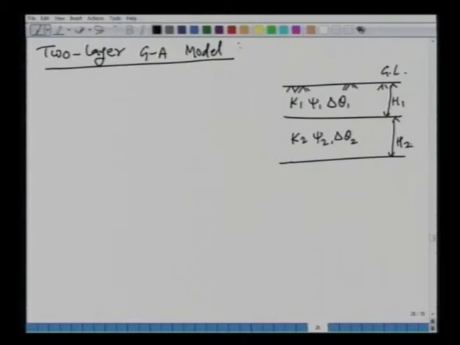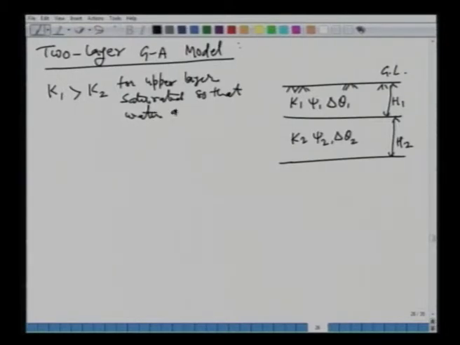Okay. Now, we will look at this two-layer Green-Ampt model under certain assumptions, and one of them is that K1 is greater than K2. Okay. That is to say, the upper layer is saturated so that water goes into the lower layer.